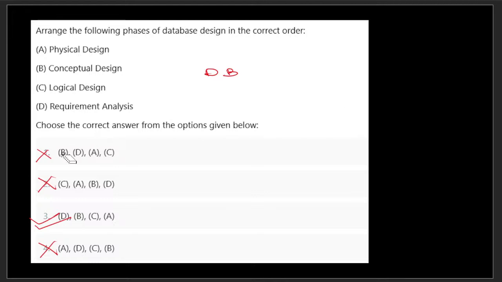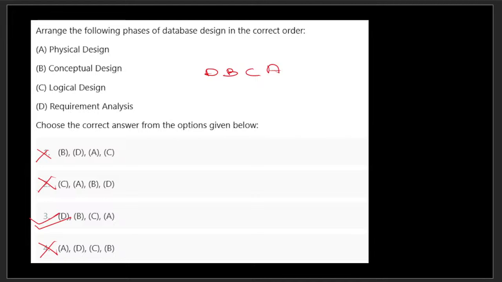Alright everyone, now which is the next one? Next one is C, logical design. So the conceptual design model is then translated into a logical model. And what does this involve? This involves the tables, columns, data types and relationships in a way that can be implemented in a database management system, which is DBMS. So logical design is important. And after that, everything is over.